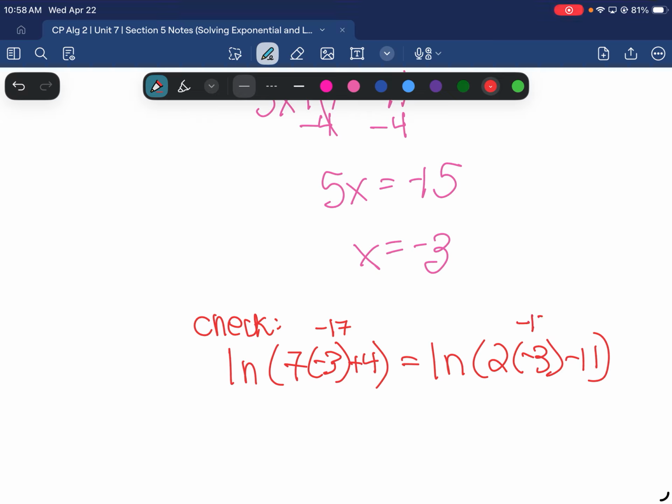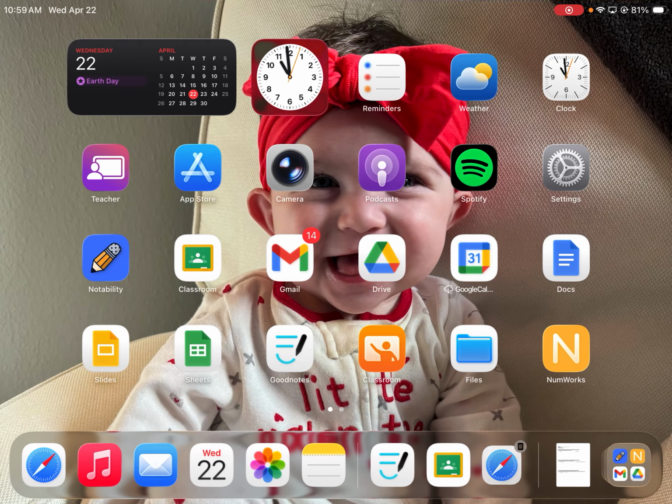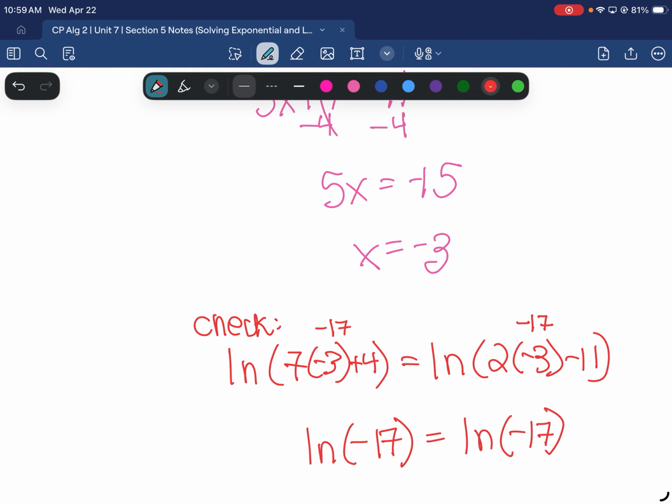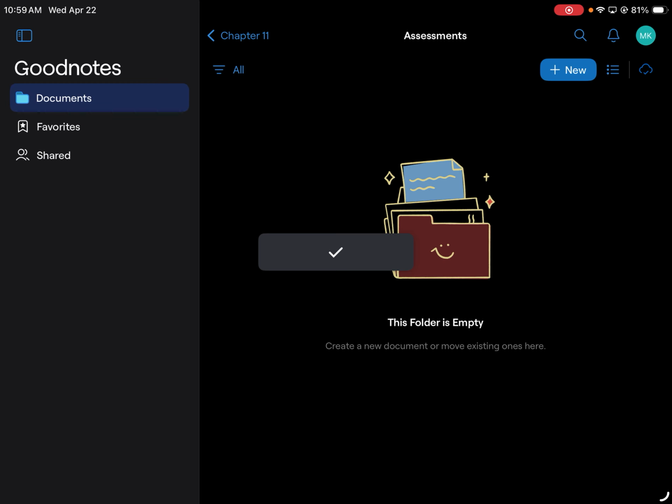Negative 6 minus 11 is also negative 17. So then there's no solution. Now, listen to what I'm saying: you may plug a negative in and get a positive number that you're taking the natural log of, which is why I wouldn't just assume always no solution. Are you with me? So this is an extraneous solution.